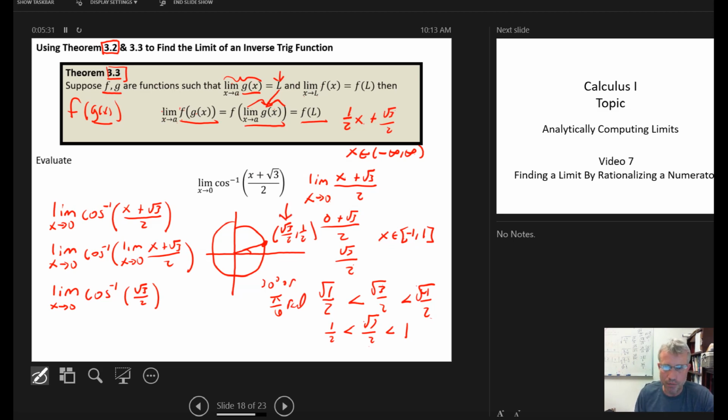So the cosine inverse of the square root of 3 over 2 is going to be the angle in radians that produces the ratio root 3 over 2 on the unit circle. So we're just going to get pi over 6 radians as our limit.